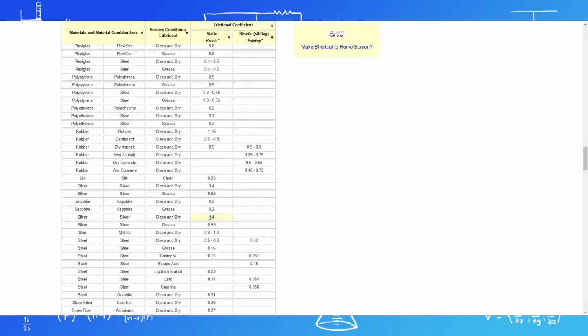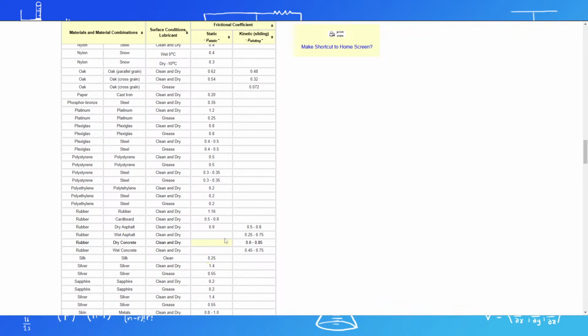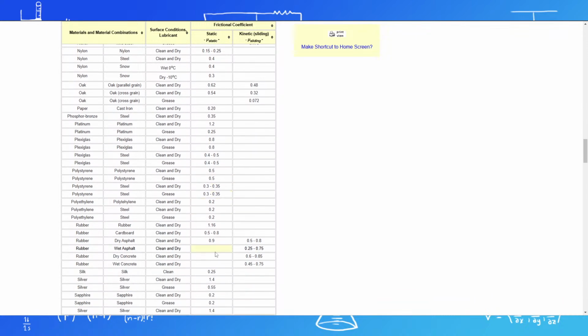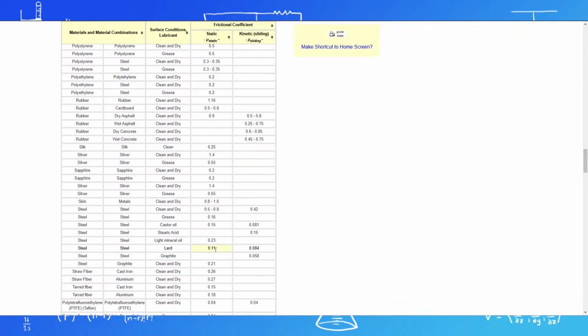But most of the time, as you can see in the majority of this chart, your friction coefficients are going to be somewhere between 0 and 1. So if you calculate a friction coefficient and it's greater than 1, it doesn't automatically mean that it's wrong, but do double check your work, because 99% of the time that's not supposed to happen.